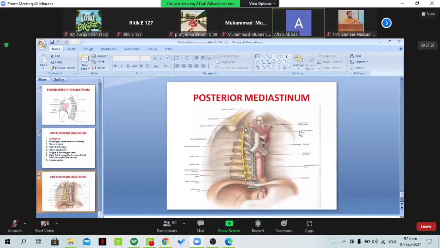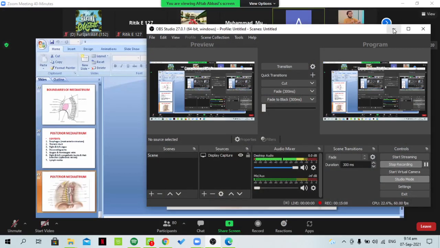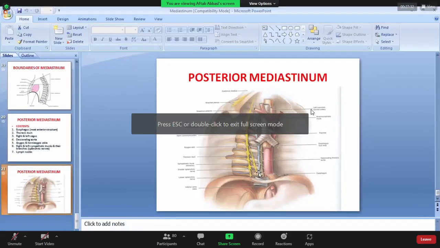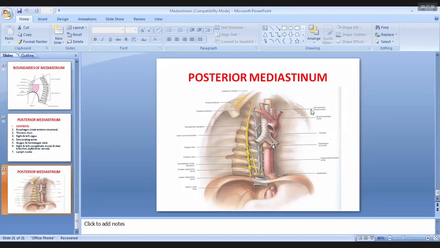Here are the sympathetic trunks, the right and on the left side the left sympathetic trunk, azygos and hemiazygos veins, branches of the splanchnic nerves. Splanchnic nerves are the branches of the sympathetic trunks. Here is the aorta. Descending aorta, the thoracic aorta, and the mediastinal group of the lymph nodes.